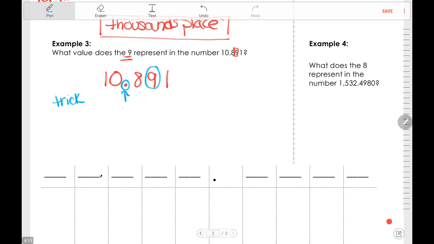So if I say 10, I would write 1, 0. If I say 100, I would write 1, 0, 0. And 1,000, we just talked about, is 3 zeros. So when I'm talking about the decimal side of it, I'm thinking of these things as the zeros and our decimal as the 1.